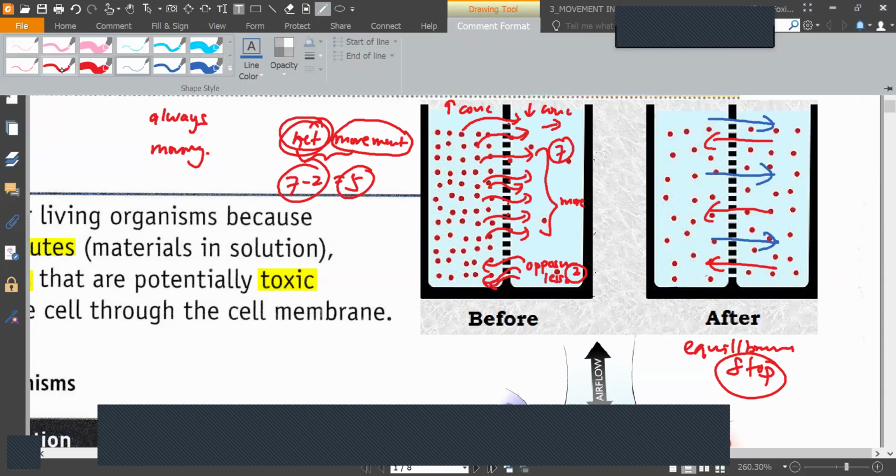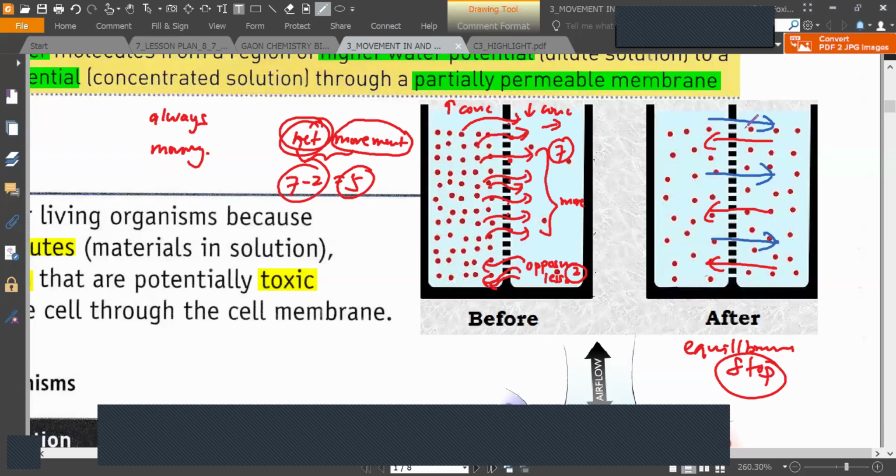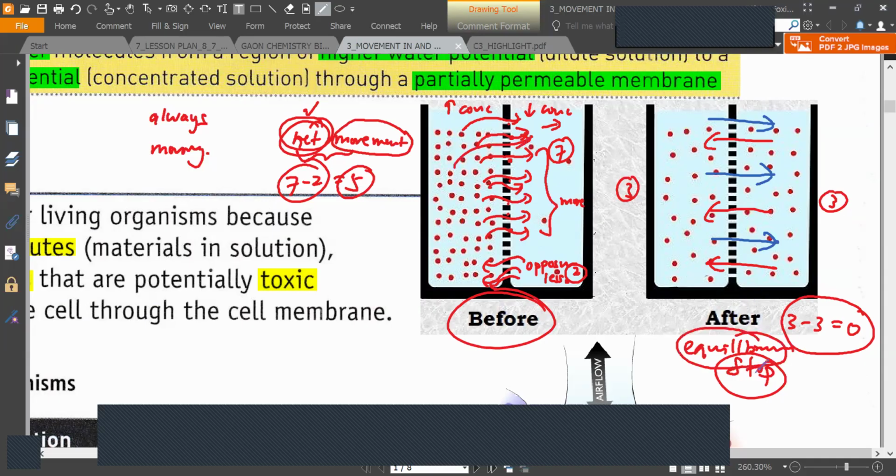So we are not saying that they stop moving, it's just that they move the same amounts. So left to right 3, right to left 3, net movement 0. That's the concept of net movement. At any time, we have movement in both directions. It's just that for diffusion to happen, we need net movement in one direction. When it reaches equilibrium, it does not stop; in both ways, they move the same amounts.